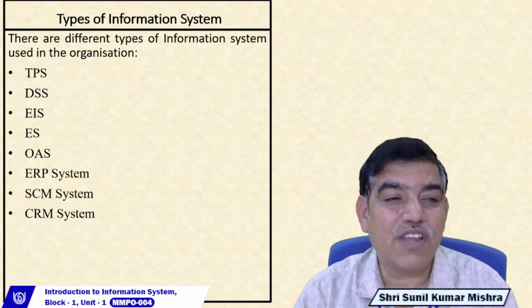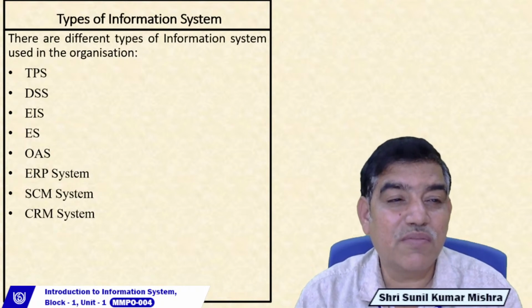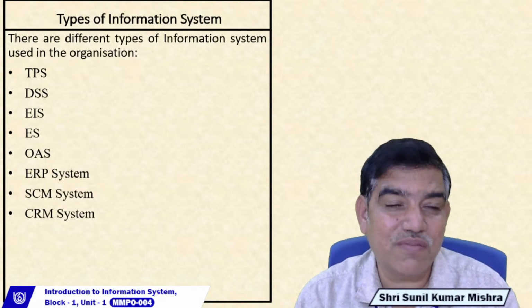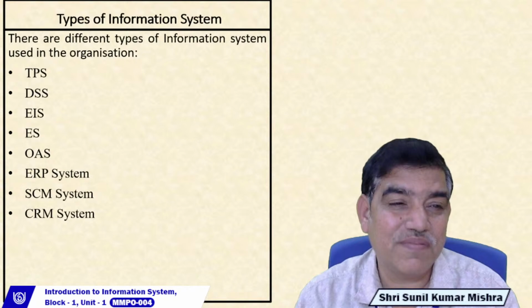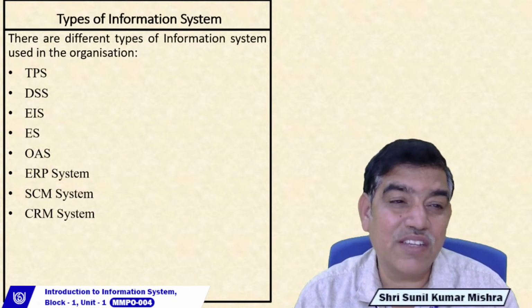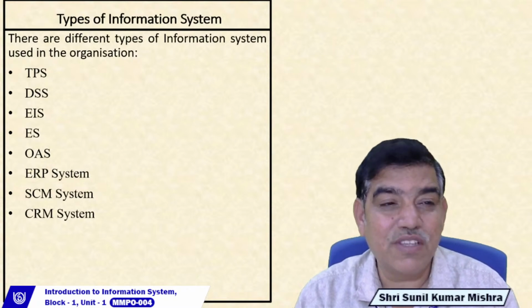TPS stands for Transaction Processing System. What is the meaning of this TPS? The low-level employees enter all the information on a day-to-day basis in the information system, and that is called the Transaction Processing System.